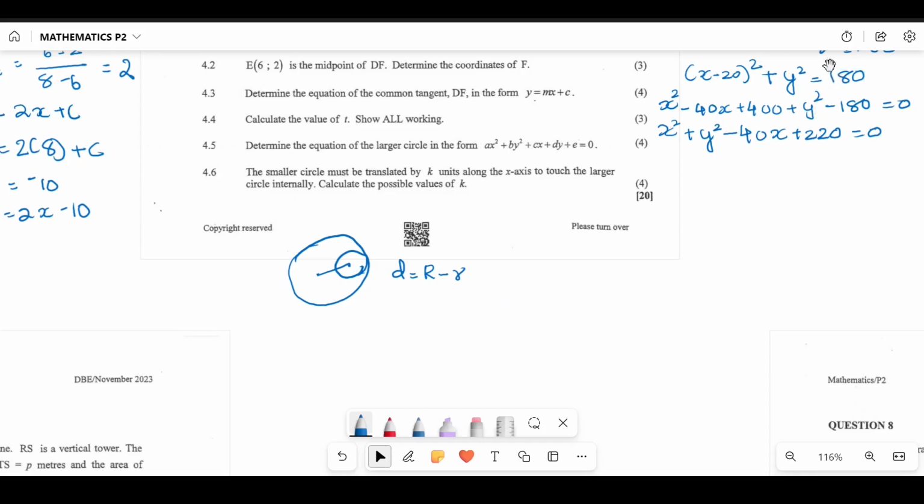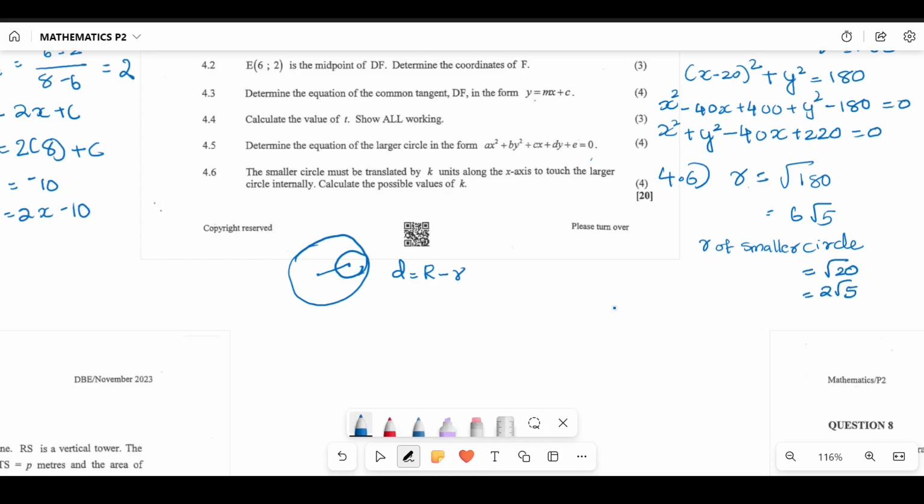We have the radius of the bigger circle, which is the square root of 180, which is 6√5. Now the radius of the smaller circle, which you already found, is the square root of 20, which is 2√5.